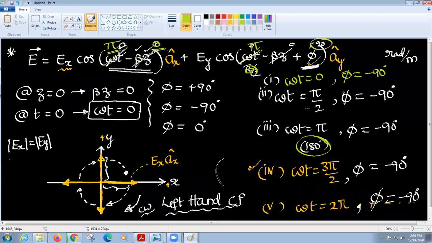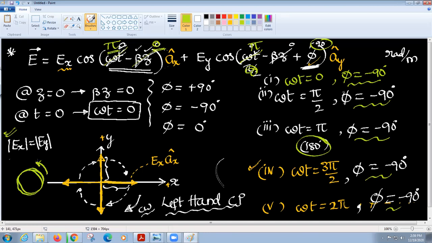Now in this case, what happens? If we maintain this equality, Ex equal to Ey in magnitude, and if you exercise for phi equal to negative 90 degrees all the way, then you would see right hand circular polarization. This time you would see anti-clockwise movement.